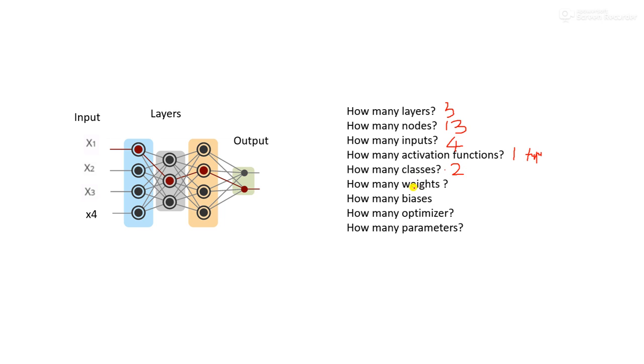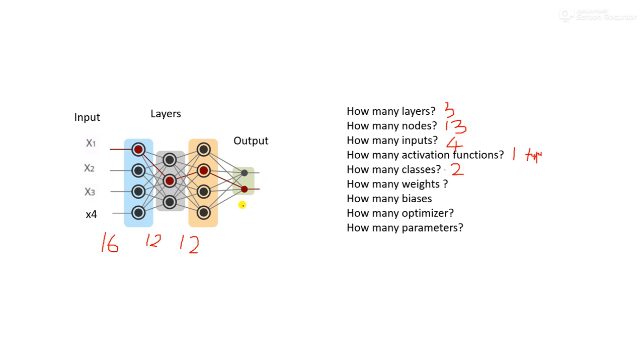So how many weights? How many weights? 1, 2, 3, 4, 5, 6, 7, 8. No. How many weights? So basically, this is for, you got 16 here, isn't it? So here you got 4, you got 3, 12 here. So you got 3 and 4, 12 here.